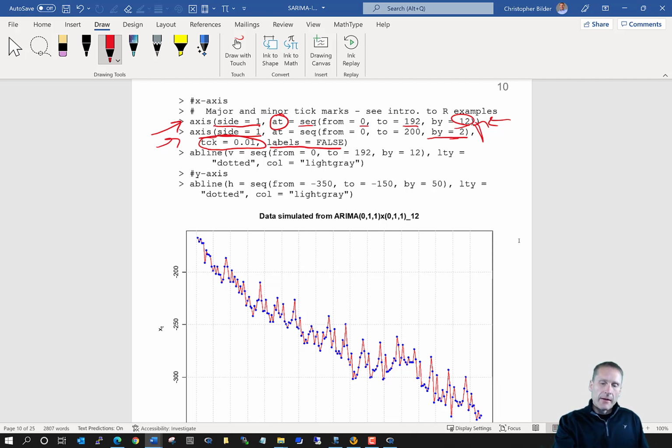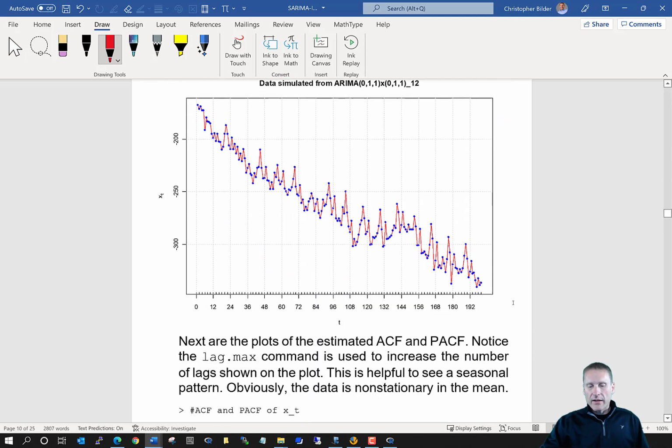So also then to draw grid lines, I'm going to draw them in somewhat manually using the abline function, where I'm going to draw vertical lines at a sequence from 0 to 192 by 12. And then for my y-axis here, I'm also going to manually draw in my grid lines too. And so this is what we get.